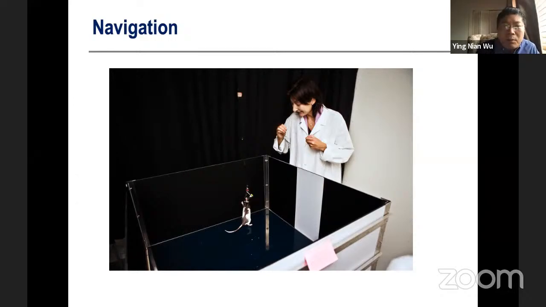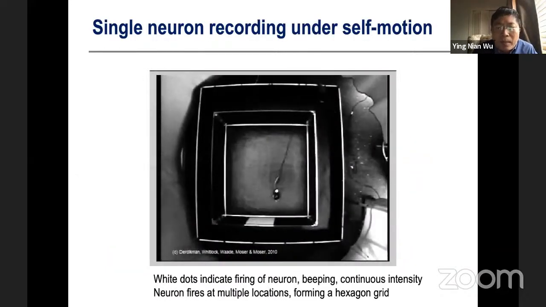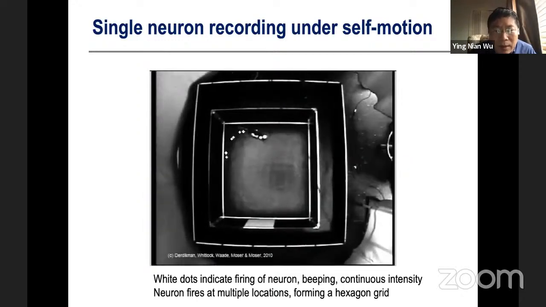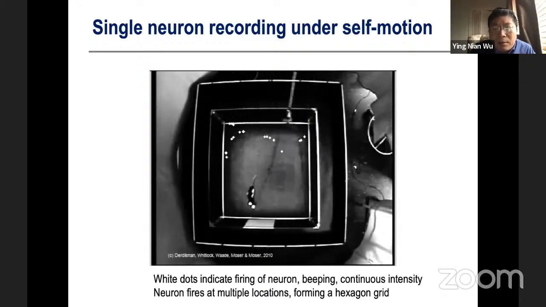So let me show you a video. You can see that the rat is moving around, and the white dots indicate the firing of a neuron, and you hear a beeping. So the firing is actually measured in continuous intensity.